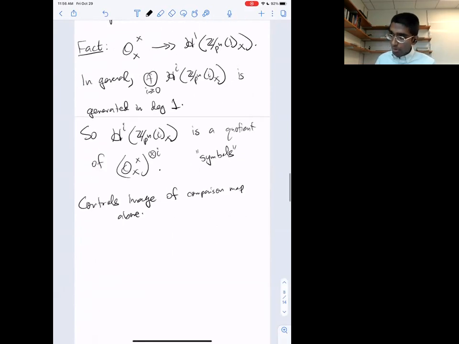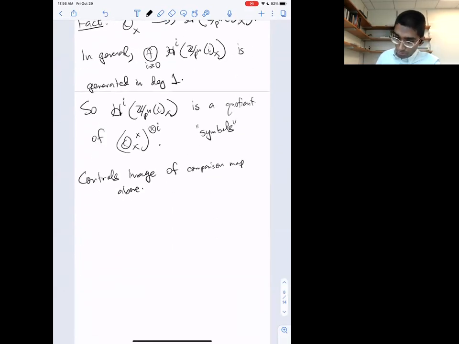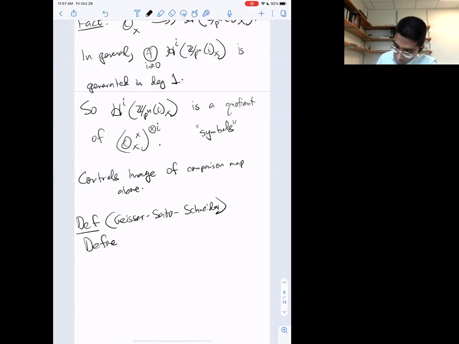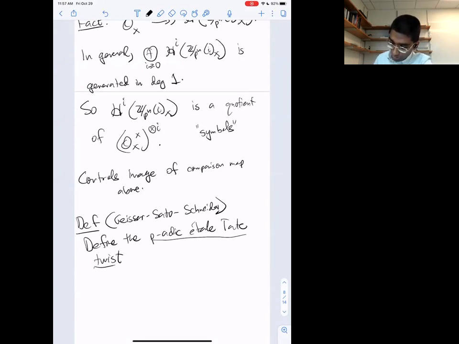Okay, so with this in mind, I want to make the following definition. So definition, and this is due to Geisser, Sato, and Schneider. So I'm going to define the p-adic etale Tate twist. What we're going to do is take this truncation tau less than or equal to i.